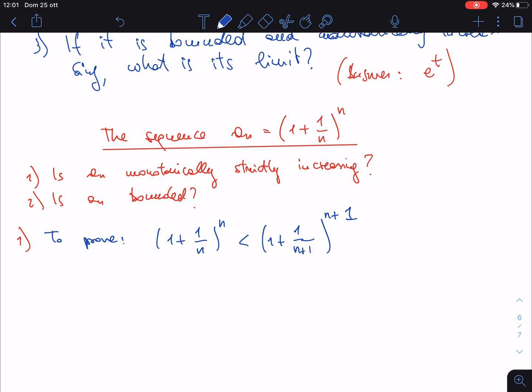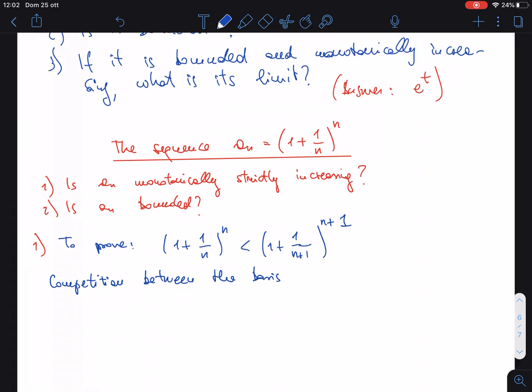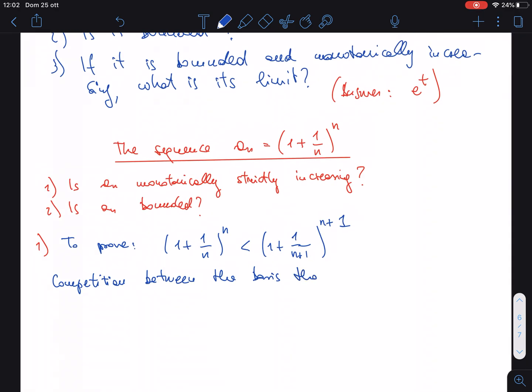So there is a competition between the basis that decreases and the exponent that increases.